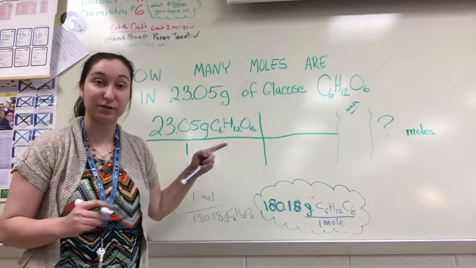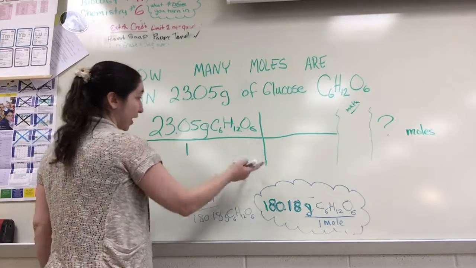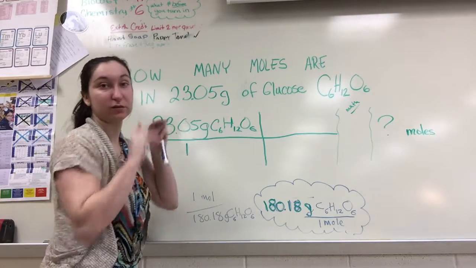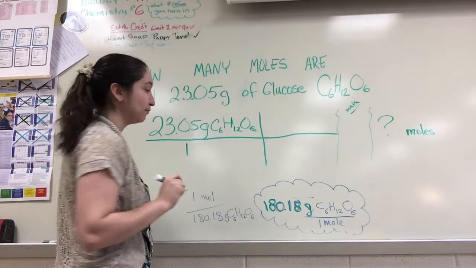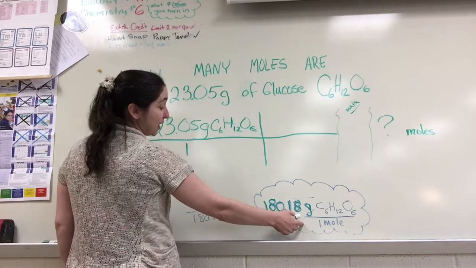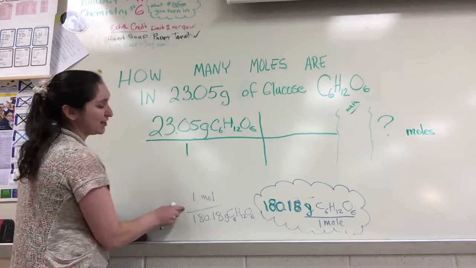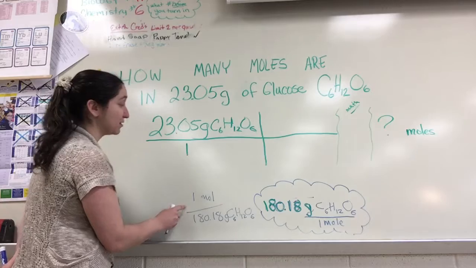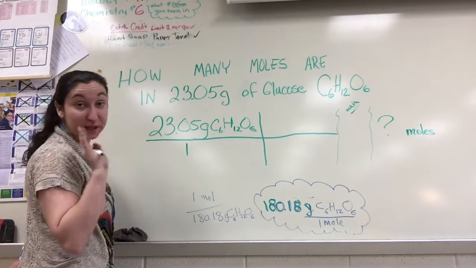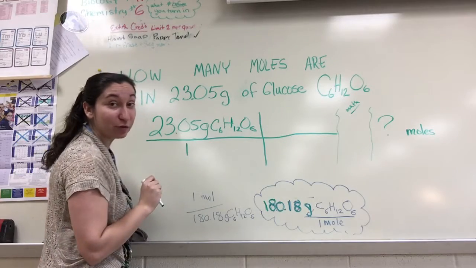If you remember in algebra, if something is on the bottom and you divide by itself, it's gone. So I'm going to take this grams, which would normally be on the top, and say it this way instead. You might be in a situation where you have moles here. It's okay, you can flip it the other way.